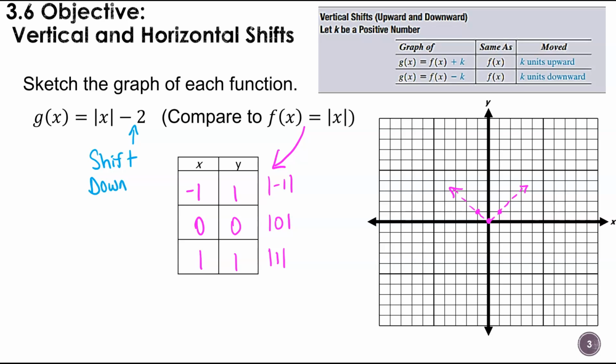I'm just going to write down shift down 2. Now that simply means that the points on the graph for our basic graph are going to move down 2. And we don't have to make a chart or anything. We can just count on the graph, and this is really the easiest way to do this. And once you get it down, oh, this basic graph is going to graph this way every time, then that makes it pretty simple.